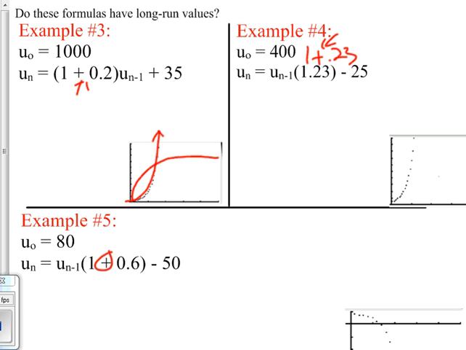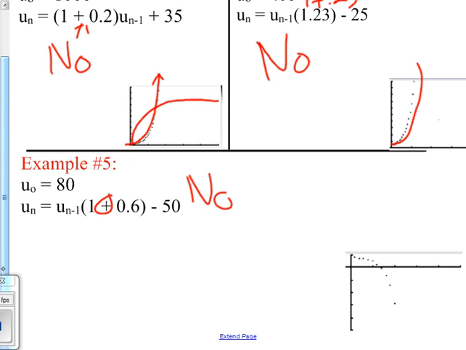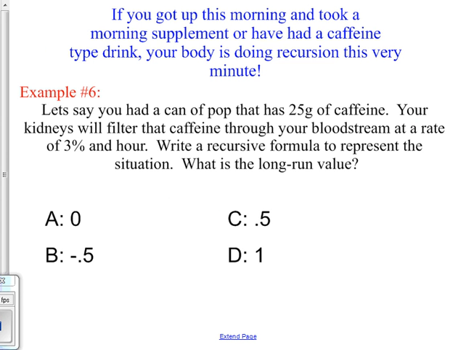Since this is not approaching a value, there is no long run value for any of these, because we can just take a look at our graphs and see that they are increasing or decreasing without end. They just keep going on and on and on. So be careful and watch for that. If you see something with a decay, that's a hint that you might be looking at a long run value. So take a look at that.